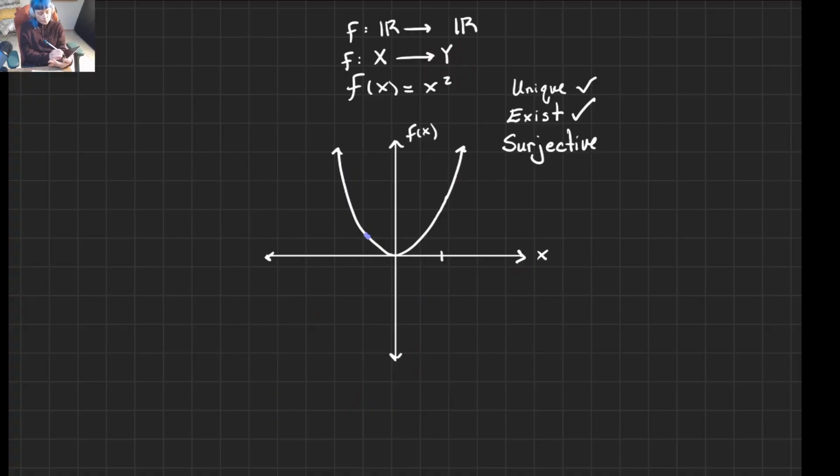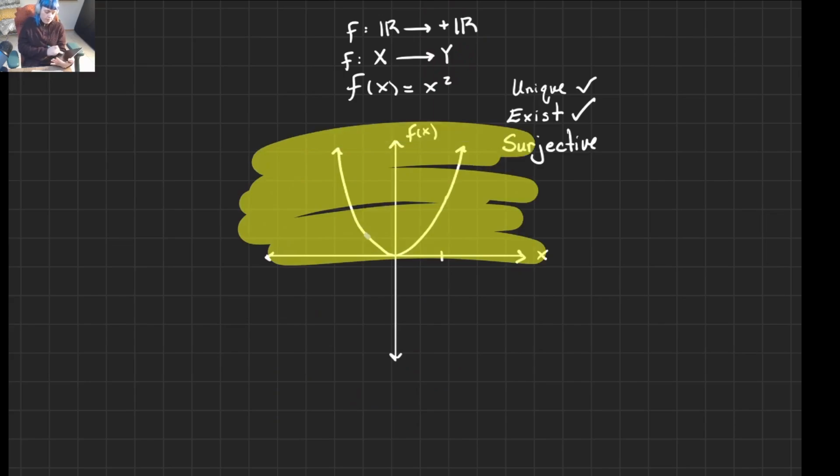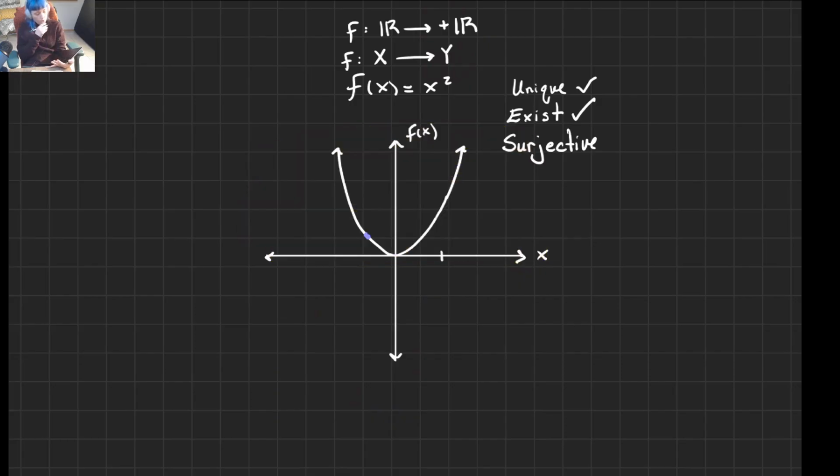You could say the domain is all reals, but the range is just the positive reals, 0 to infinity. If you alter the range to be all positive reals, then there's no y value that doesn't have a corresponding x value. And so this then becomes surjective.